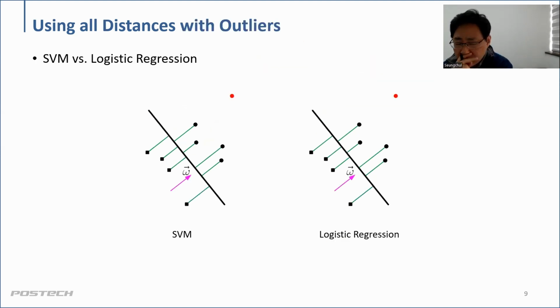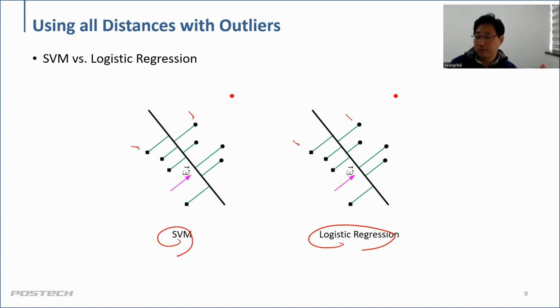Let me ask this question, and then I'm going to finish. Suppose we have an SVM, and we have another one, logistic regression. We're in the middle of explaining what logistic regression is. With these, the two classes of data points on the left and right sides are the same. And suppose we have new outliers.